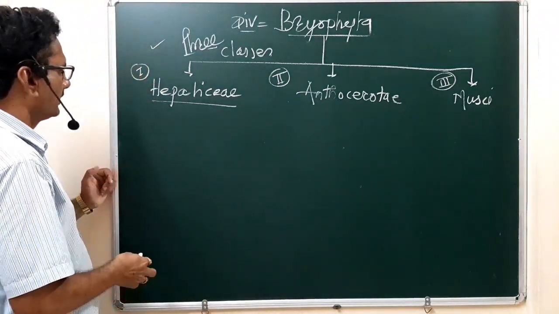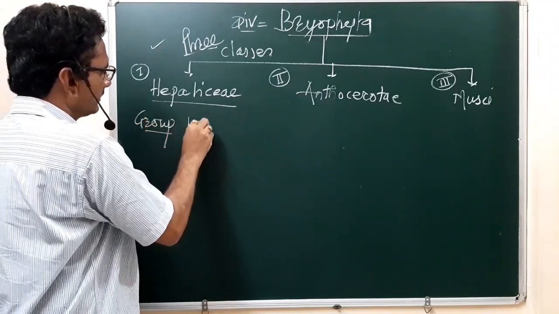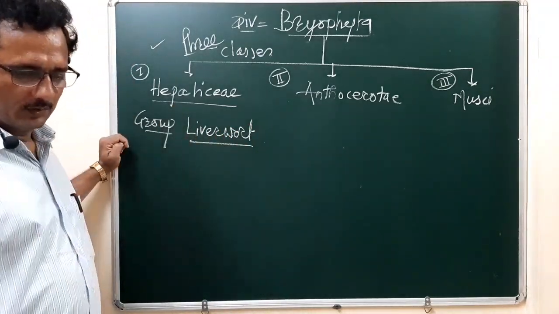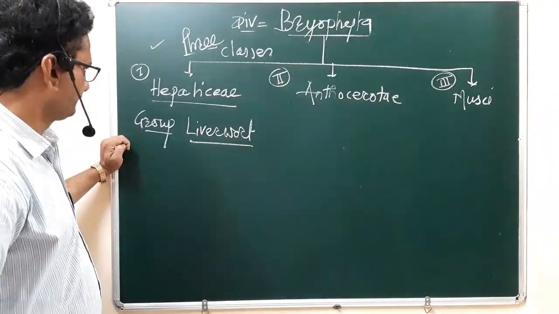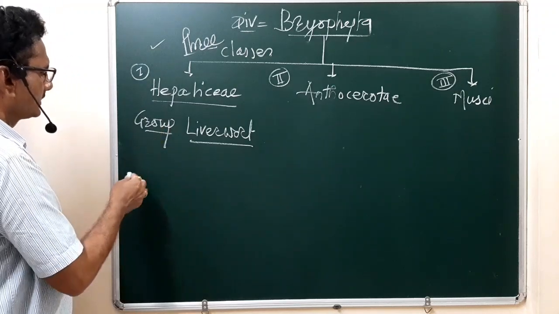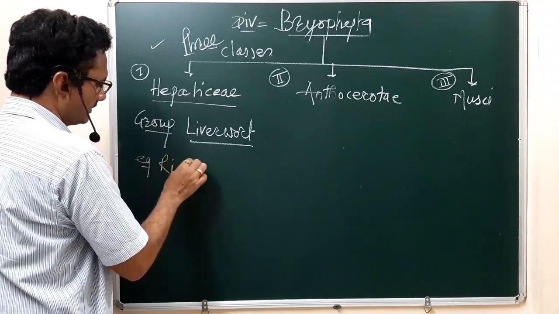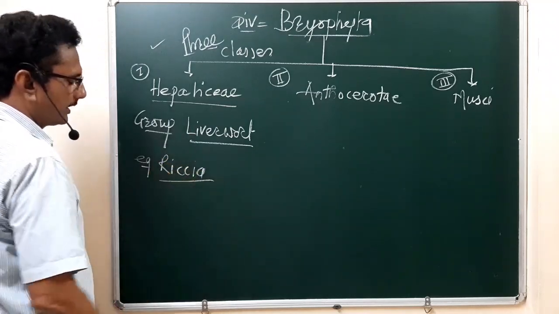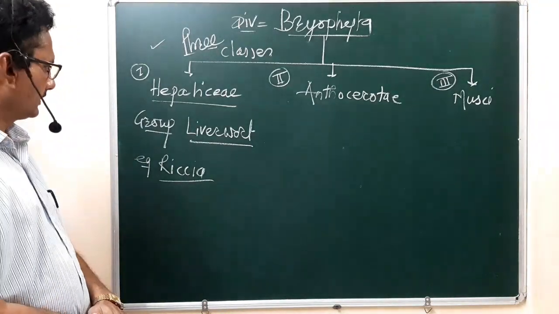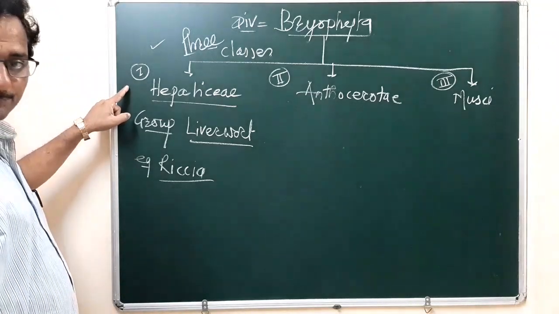Under this class Hepaticae, the group liverwort is included. What are the examples included under this class Hepaticae? Riccia is one well-known member included under this group liverwort, which is placed under the class Hepaticae.